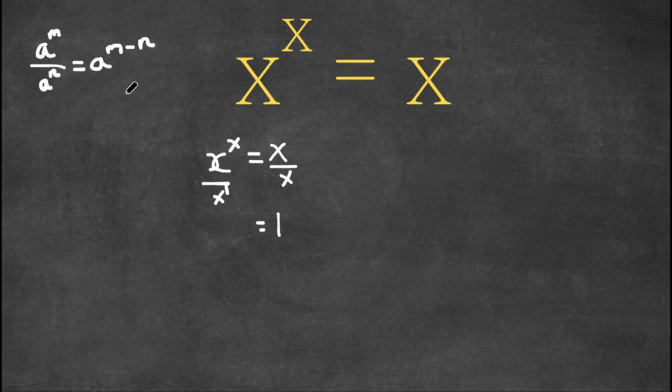So this is the formula for dividing exponents. So right here we have x to the power of x divided by x to the power of 1. And x in this case is a, x is m, and 1 is n. So if we put our variables into this form, we get x to the power of x minus 1.